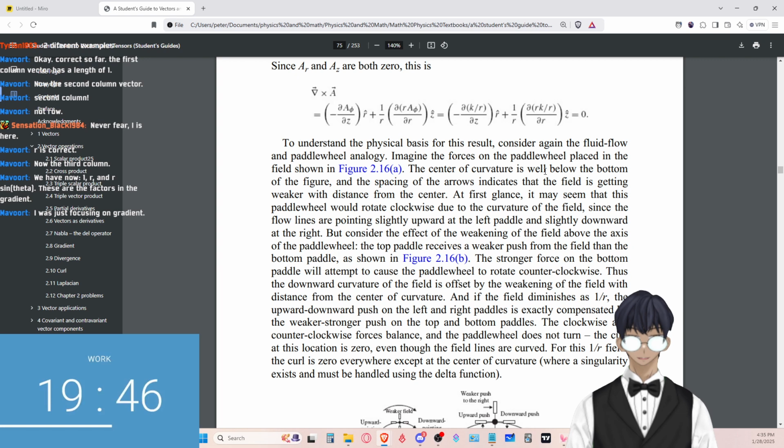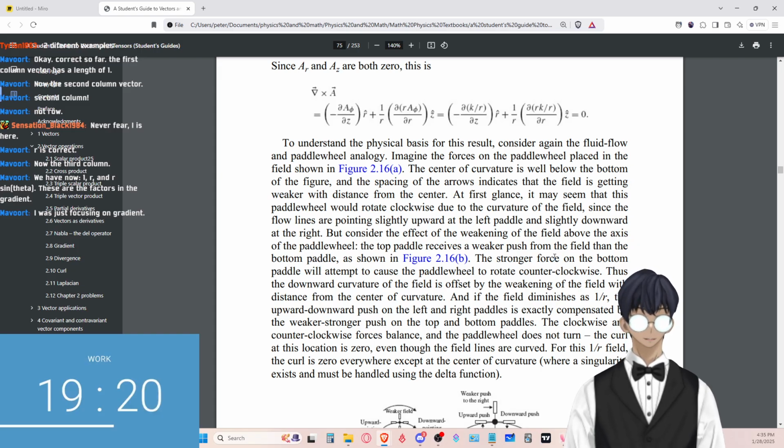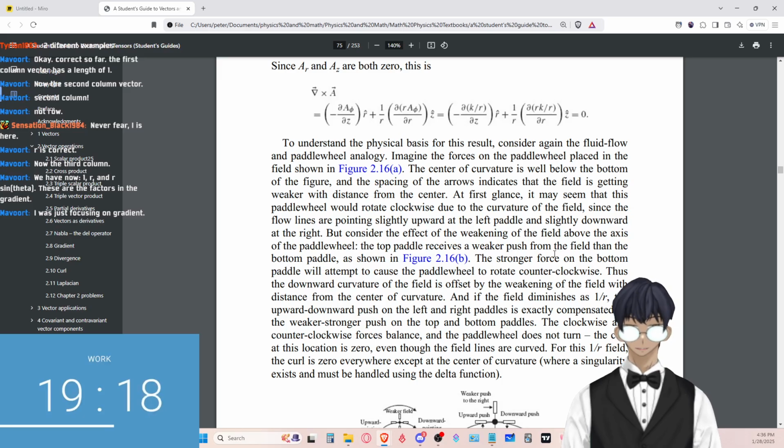The center of the curvature is well below the bottom of the figure, and the spacing of the arrows indicates the field is getting weaker with distance from the center. At first glance, it may seem that this paddle wheel would rotate clockwise due to the curvature of the field, since the flow lines are pointing slightly upward at the left paddle and slightly downward at the right.